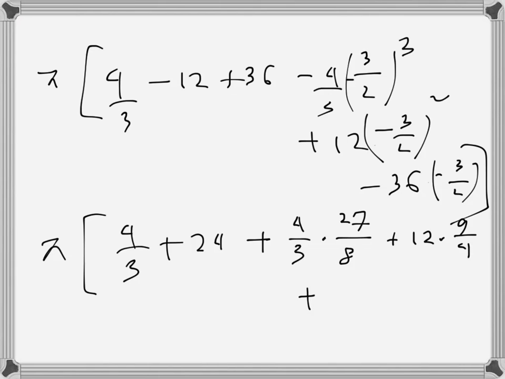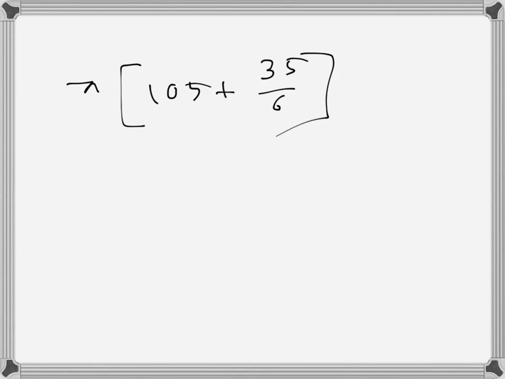So I will write it directly now: 105 plus 35 over 6, that's what it becomes. So this is our volume 1.